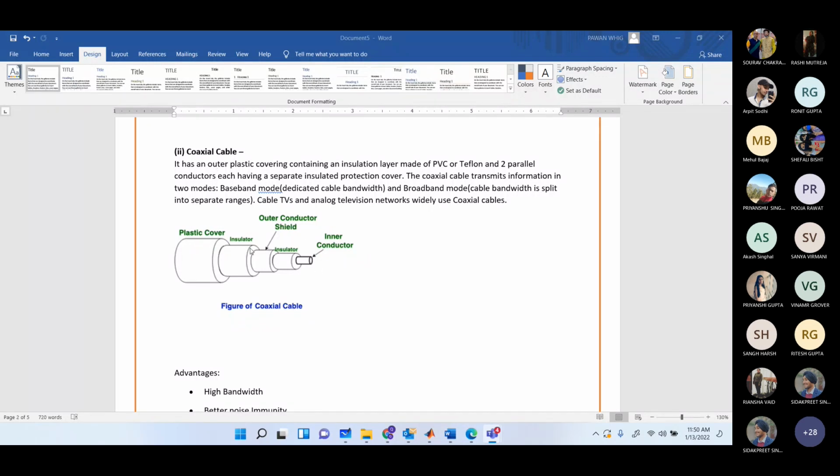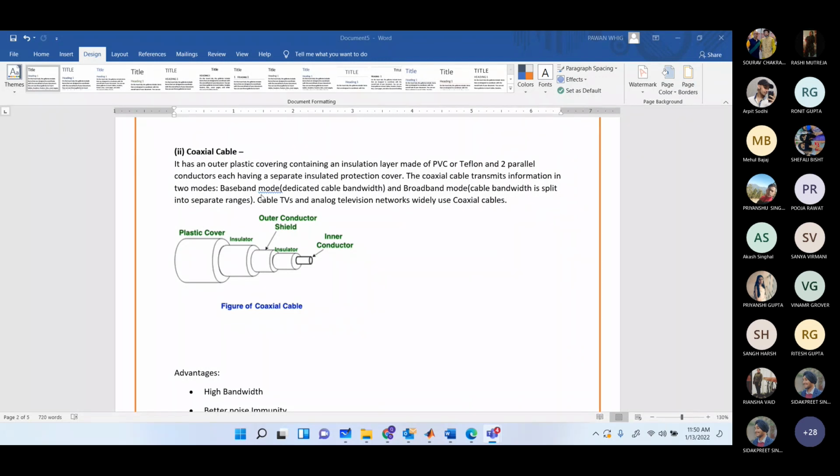So you have to go through its structure. It has an outer plastic covering, then an insulator layer made up of PVC or Teflon. These are the materials, and the two parallel conductors, each having a separate insulated protective cover, as shown here. The coaxial cable transmits information in two modes: baseband mode and broadband mode.